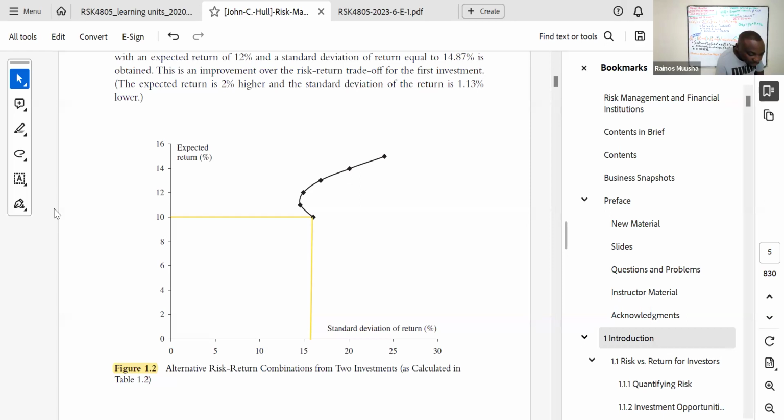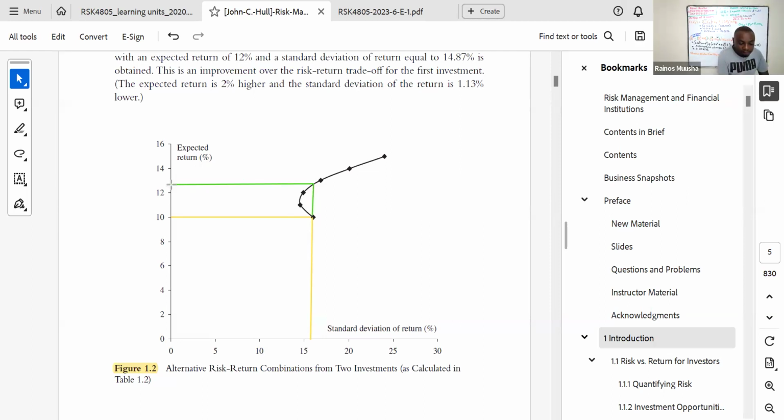But what else do we see? Do you see that for the same risk, you are also able to earn a higher expected return? For the same amount of risk here, there's a part of the graph where you have a higher return.